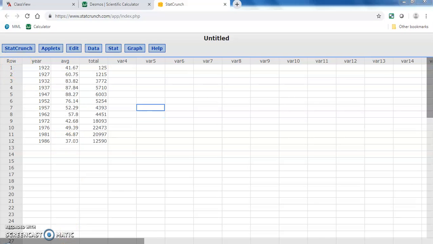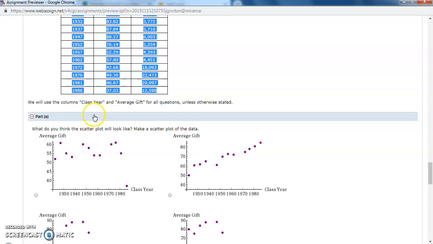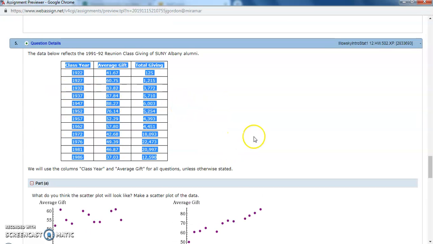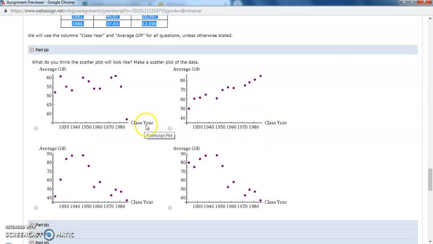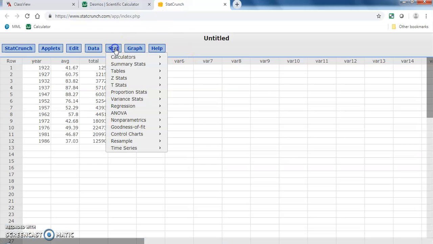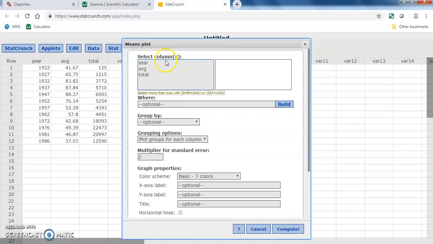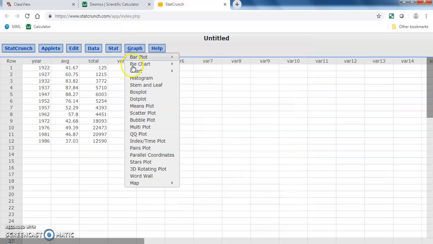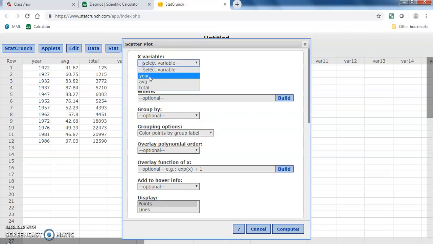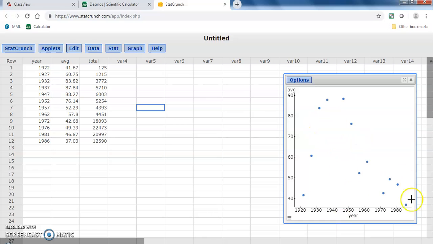It tells us that we want to use class year and average gift, so we're going to use the first 2 columns. Class year is going to be your X, average gift is going to be your Y. In StatCrunch, when we graph it and do a scatter plot, using year and average, our scatter plot looks like this.